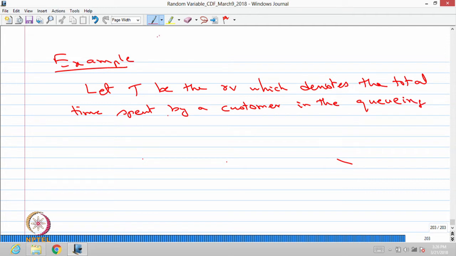Here I made a very simple queuing system in which there is only one server, and there may be n number of people waiting. After the service is over, then only they can leave the system.